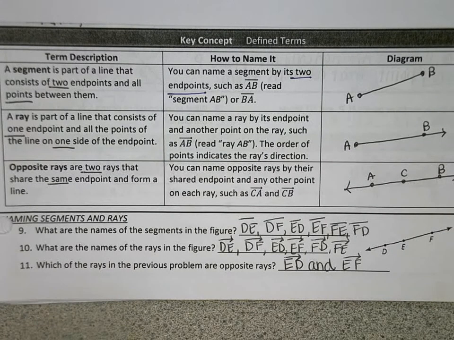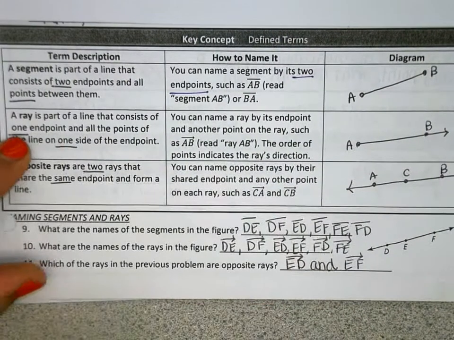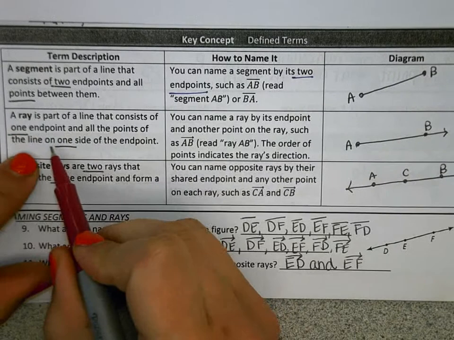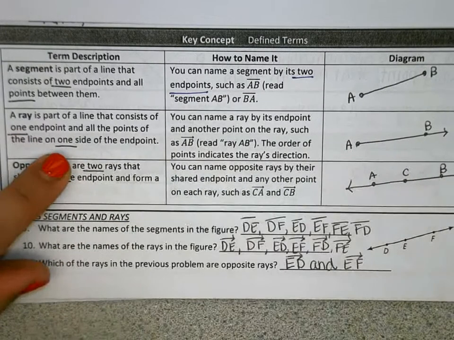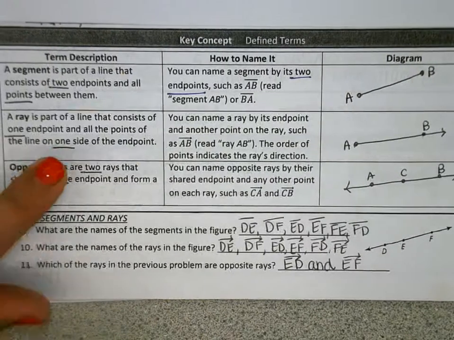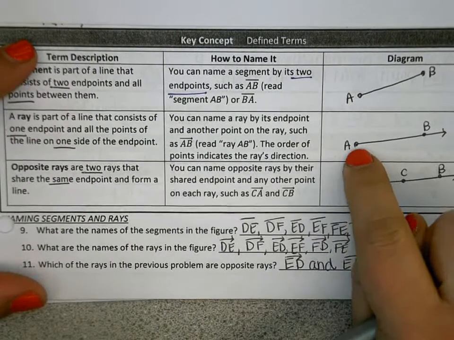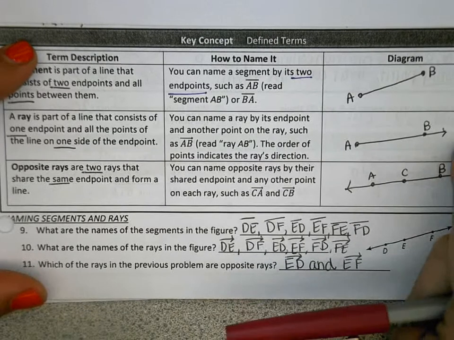We also have a ray. A ray is part of a line that consists of one endpoint and all of the points of the line on one side of the endpoint. So basically, in our picture, you have an endpoint, and then it extends out in one direction, and you have an arrow only on that one direction.